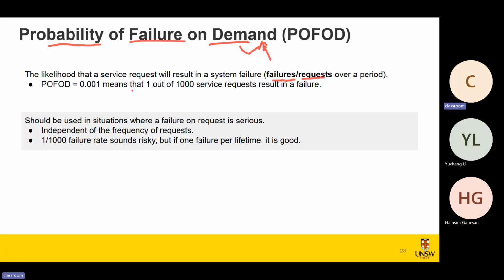Although you may think that, okay, this 1 out of 1,000 requests sounds very dangerous, right? Or very risky. But let's assume that if this service is only used like 100 times during its entire lifetime, then this 1 out of 1,000 failure rate is not that bad, right? So it doesn't care about how frequently the requests are used. So if we want to deal with frequency, we need to think about time, right?